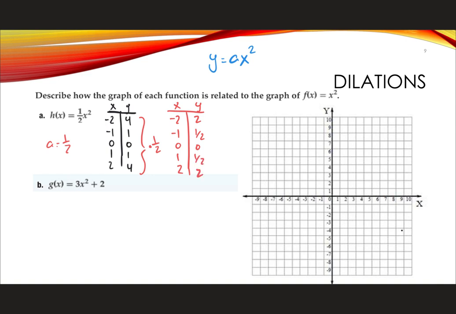Now watch and see what this does to our graph. Our vertex stays the same. It didn't move. H and K are 0, so our vertex stays the same. Now, however, as I graph this, notice how we have a much flatter curve.